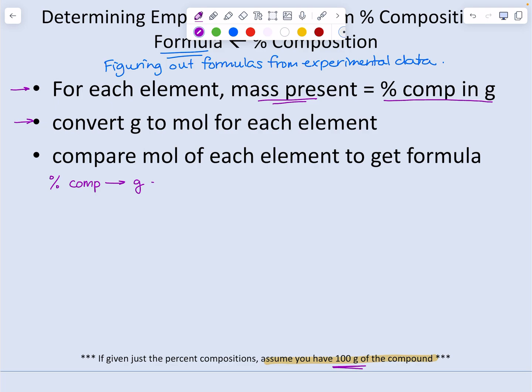And then we're going to go from grams to moles, and this is the molar mass of the element is what we're going to use.